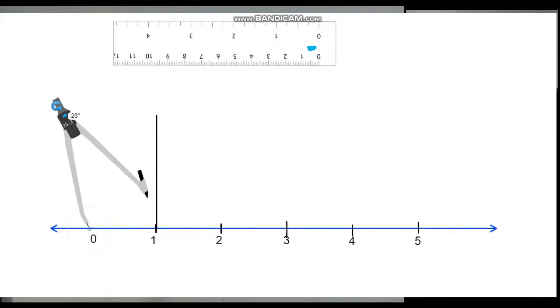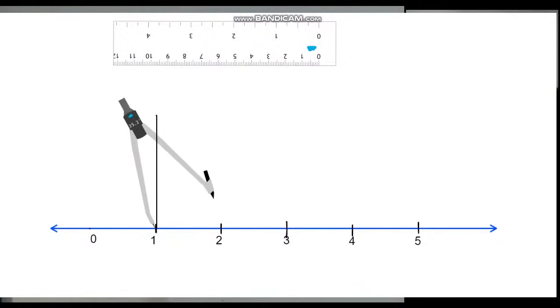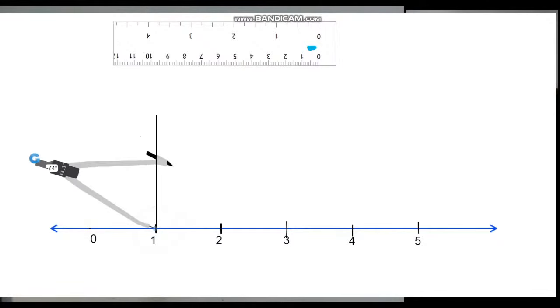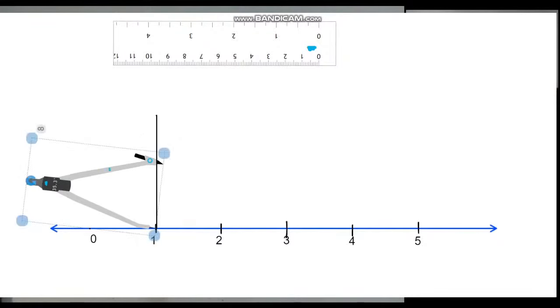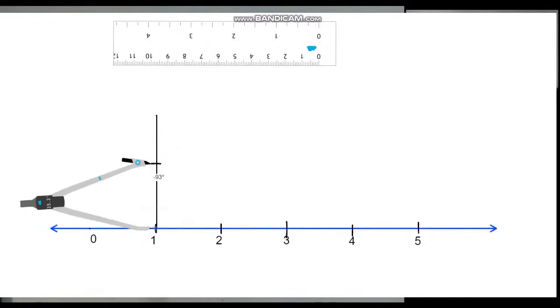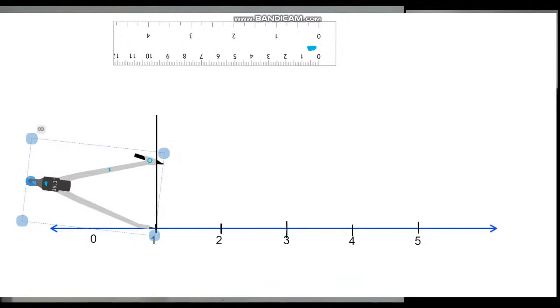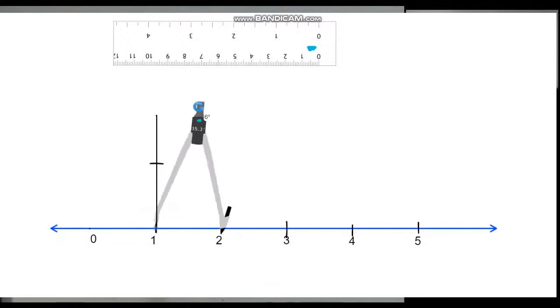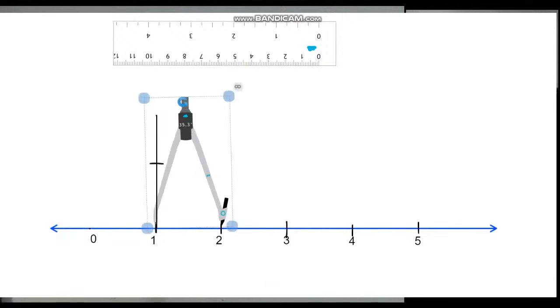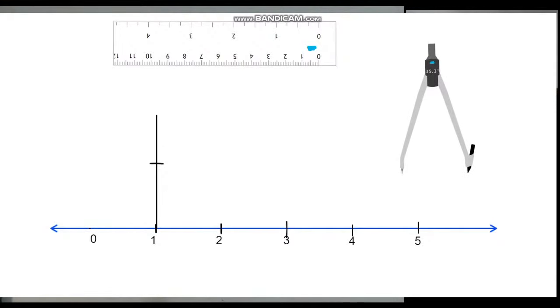See this all carefully, what I am doing here. Take one unit distance.